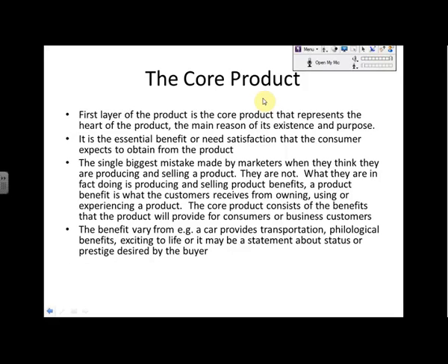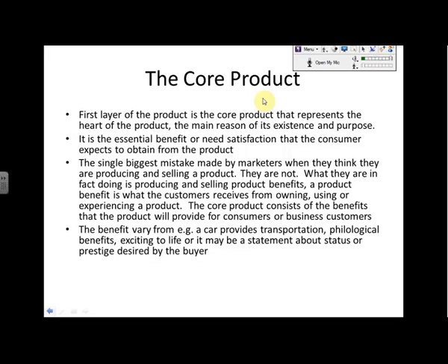So central to each and every product is that central heart of it, which is really why the product is in existence. It is also the reason that a product gives its purpose.